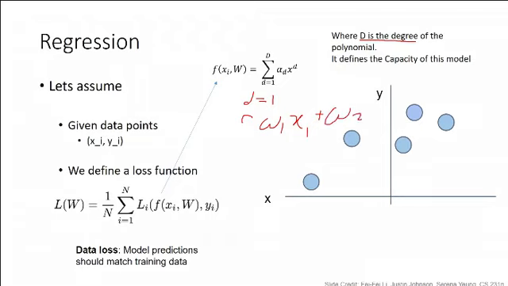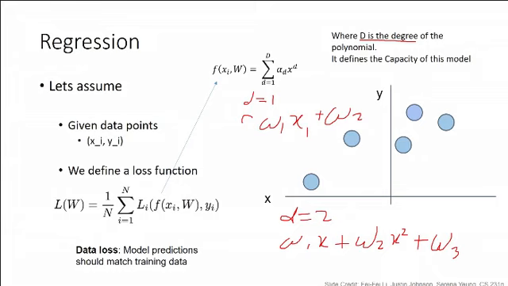For d is equal to 2, it would be w1 x plus w2 x square plus w3. You can see that w3, which is without any x, is actually a bias term.